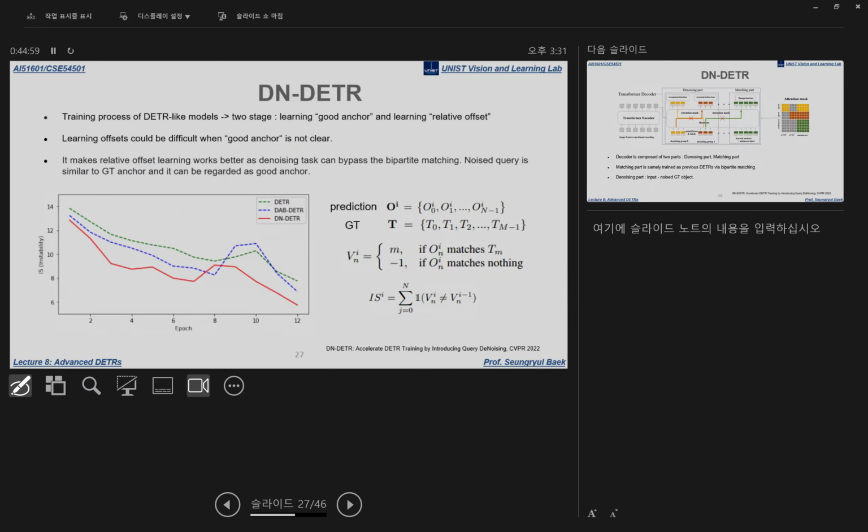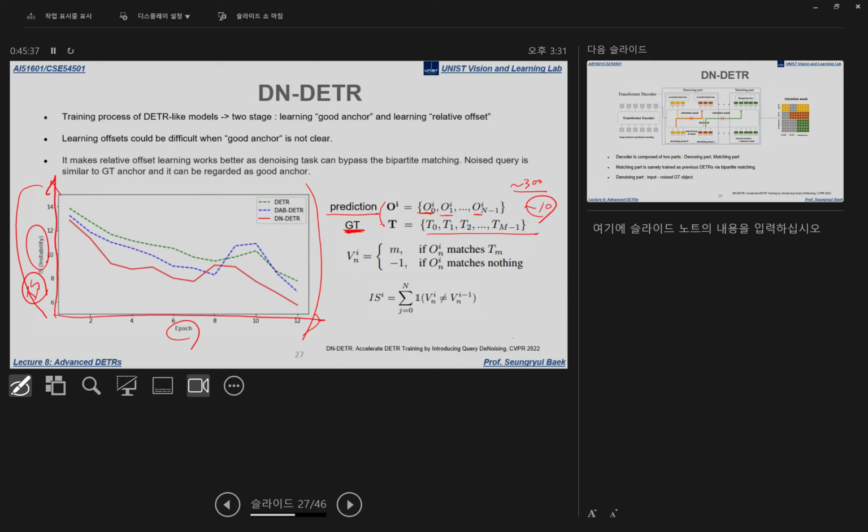So, this is the training curve. This is the training epochs, and this is the instability IS measure. The author of this paper is proposing. As I mentioned, there are around 300 predictions, so each denotes one prediction, and there might be around 10 ground truth objects inside the image.